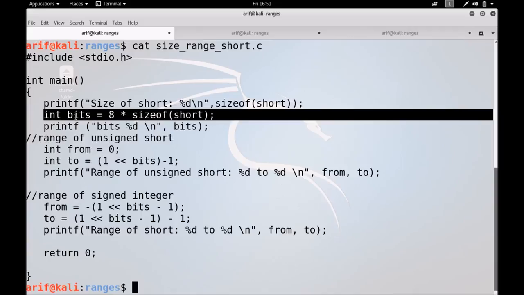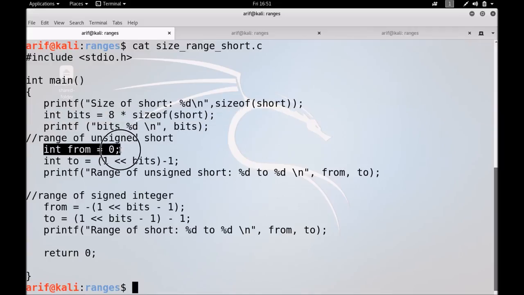I just want to find out the min-max range of short for signed as well as unsigned. If I talk about unsigned, it will start, of course, from 0 and range up to this value. I'm using a bitwise operator, the left shift operator. I'm doing a left shift with 16. Once 16 zeros are pumped in, we get 2 raised to the power 16 minus 1.